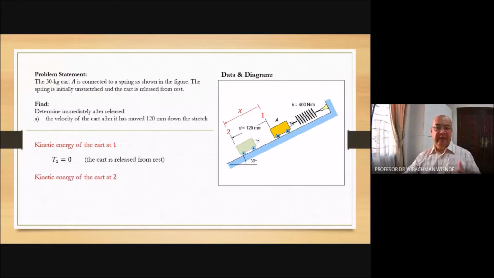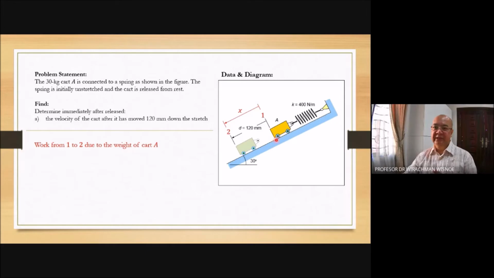At 2, we have a velocity v2, but we don't know the value. So the kinetic energy of the cart at 2 is half m v2 squared, where m is 30 kilograms, so we have 15 v2 squared. So we have finished with T1, T2. Let's go to the sum of all U.